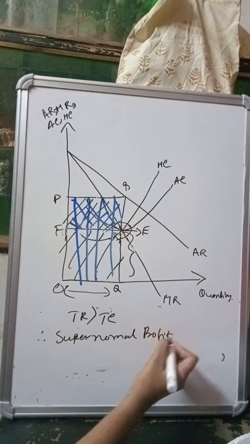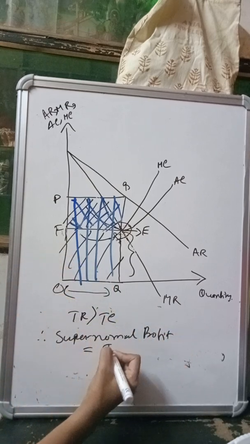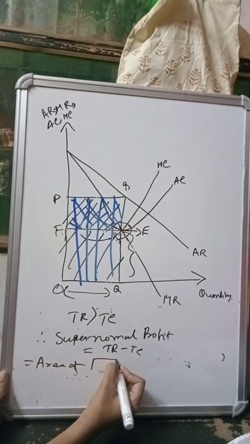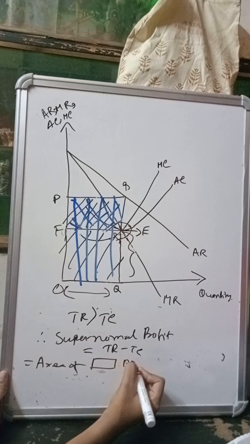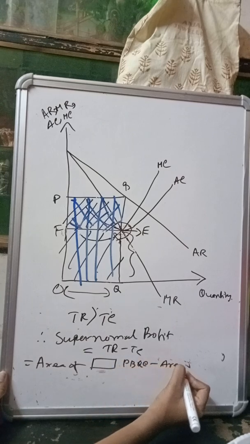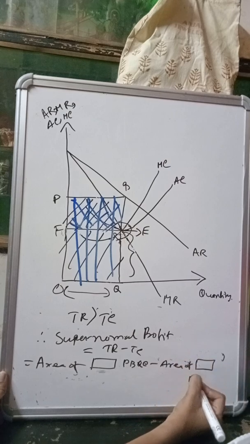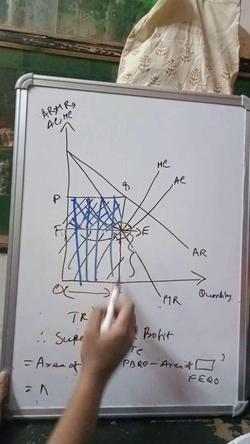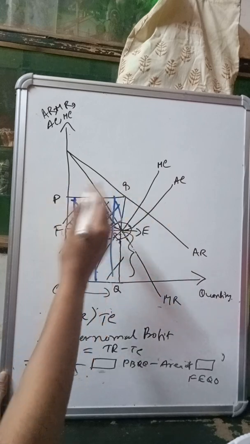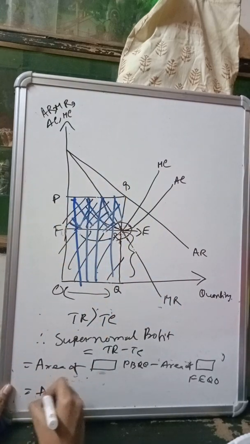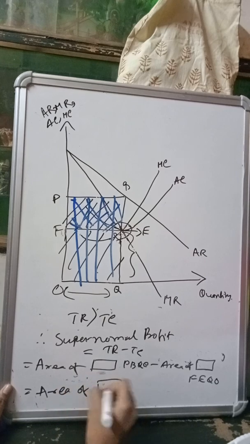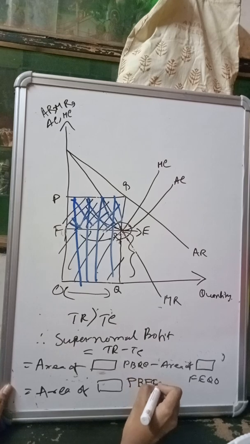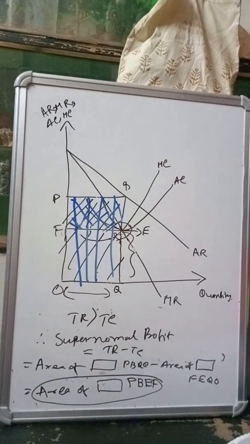I have already explained what supernormal profit is and what the amount of profit is: TR minus TC, that is, the area of rectangle PBQO minus the area of rectangle FEQO. If I subtract FEQO from PBQO, what is left is PBEF, right? The area of the rectangle PBEF.